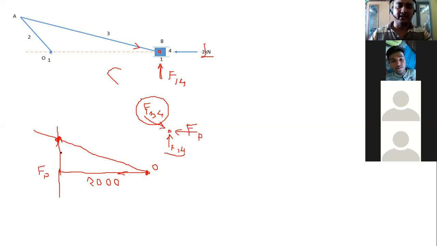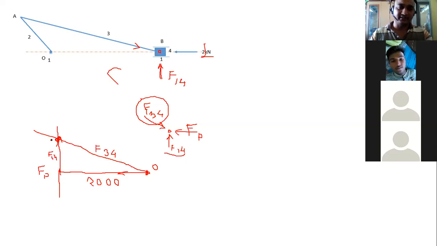It means that your F14 will be equal to this, and F34 will be this. So when you measure these distances, we have already taken a proper scale.